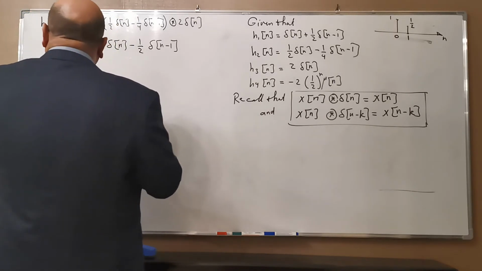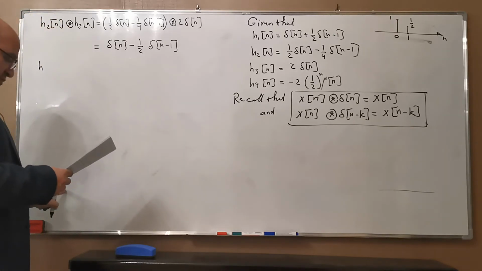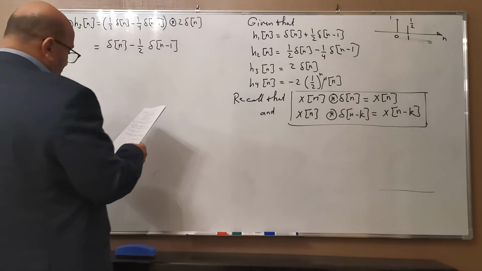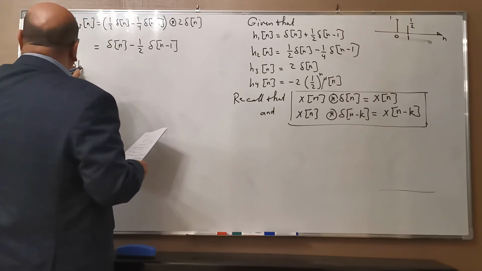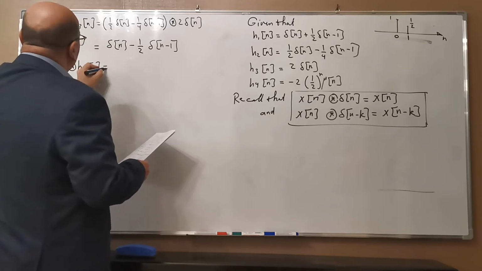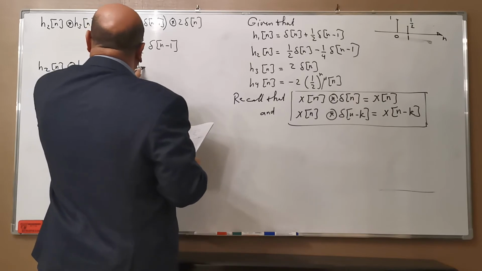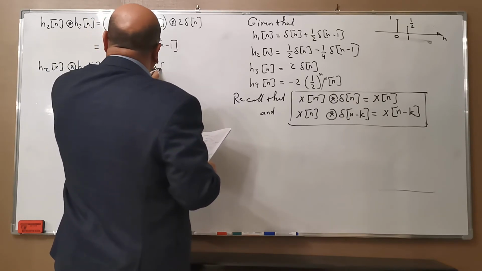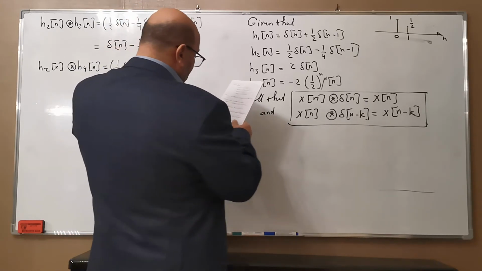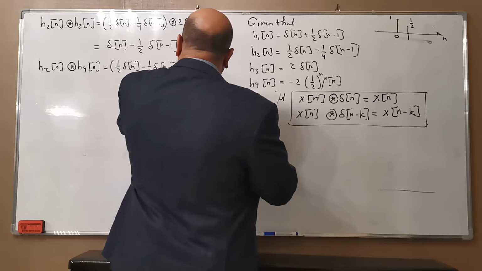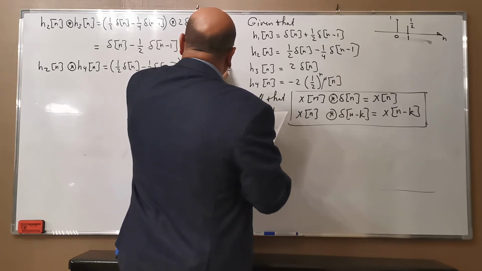The third term on our h of n is h2 of n convolved with h4 of n, which is 1/2 delta of n minus 1/4 delta of n minus 1 convolved with minus 2 (1/2)^n u of n.